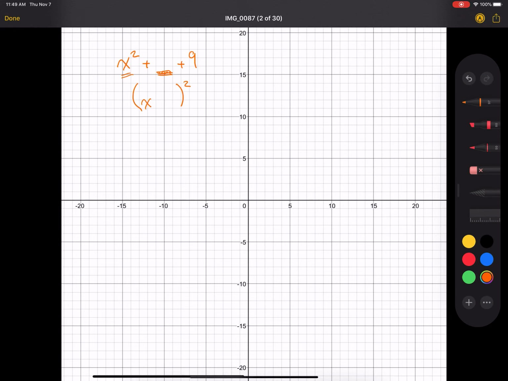And the second value would be the square root of 9, which is 3. And because it's plus over here, I know that it is a plus over here.